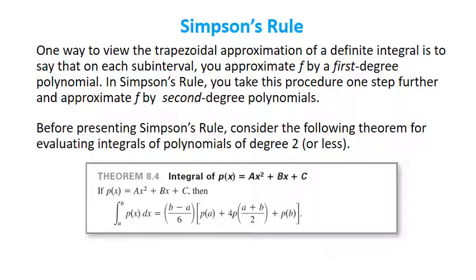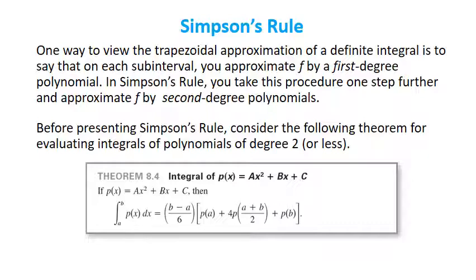The trapezoidal rule is one method of approximating. Simpson's rule is another method of approximating. And you can see here that in the subintervals of the trapezoidal rule, you can approximate f by first degree polynomials, whereas with Simpson's rule, you can take it a bit further.